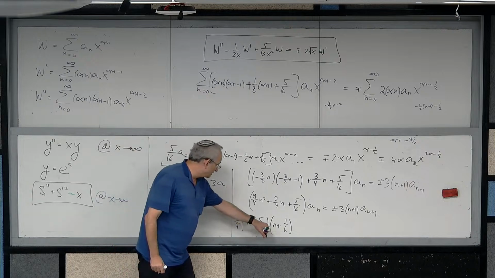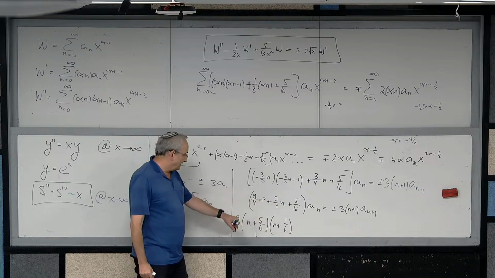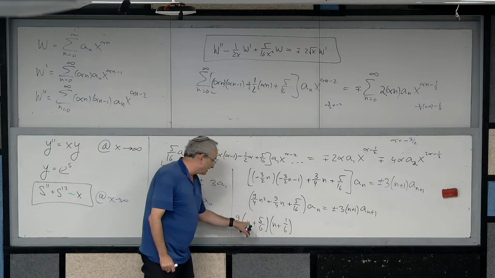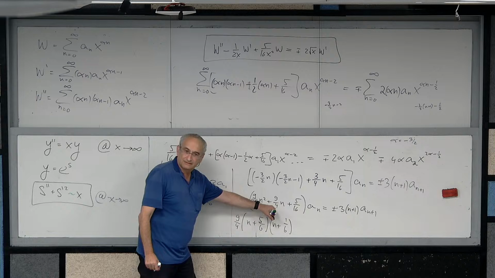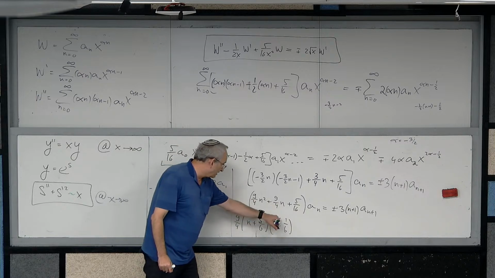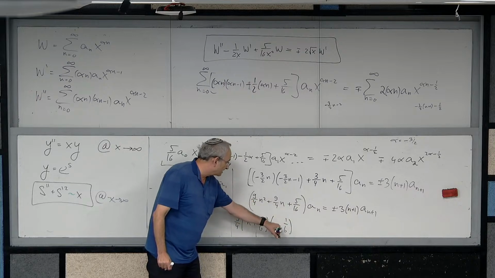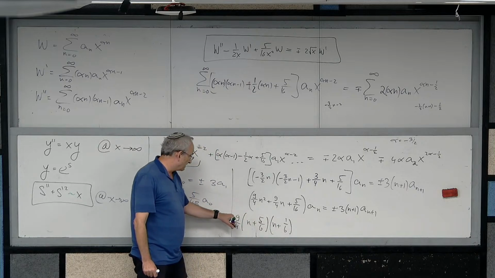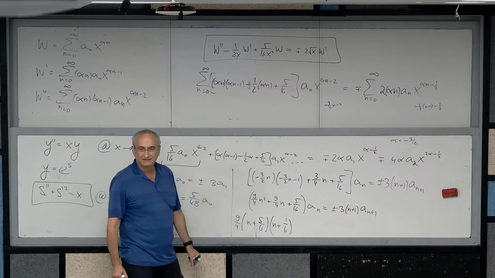I have n squared times 9 quarters. This is that. Right? I have 5/6 n plus 1/6 n, so it's n times 9 quarters. This is that. And 5/6 times 1/6 is 5 over 36. And I have to multiply it by 9 quarters. So the 36 becomes 4, and it's 5 over 16. Yes. Okay.